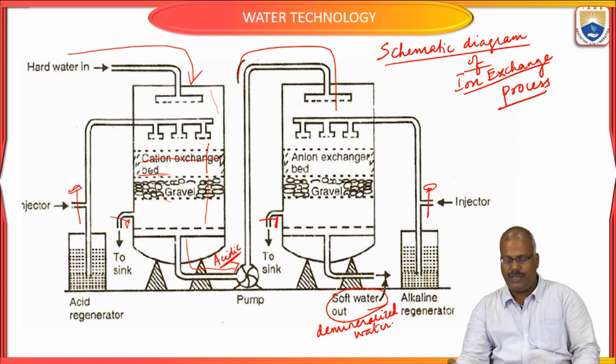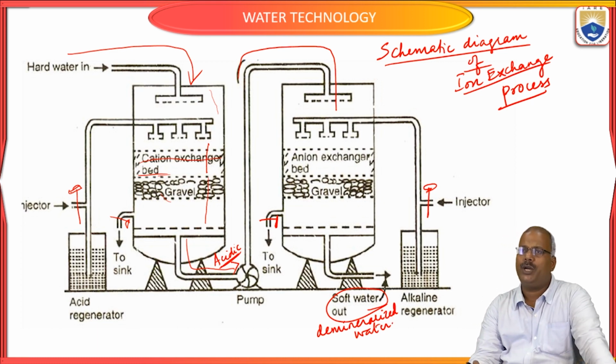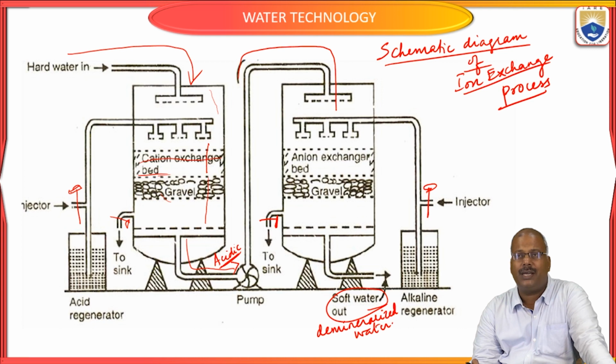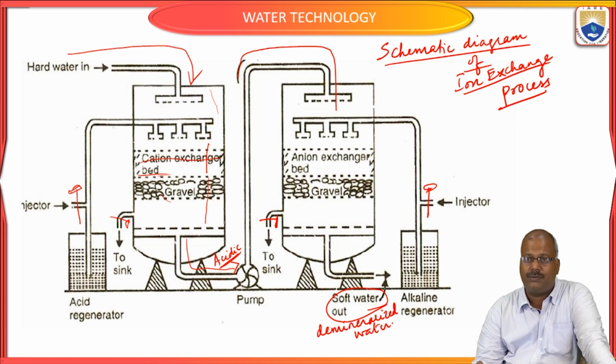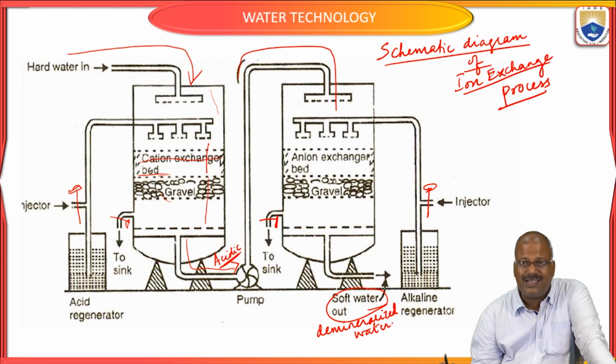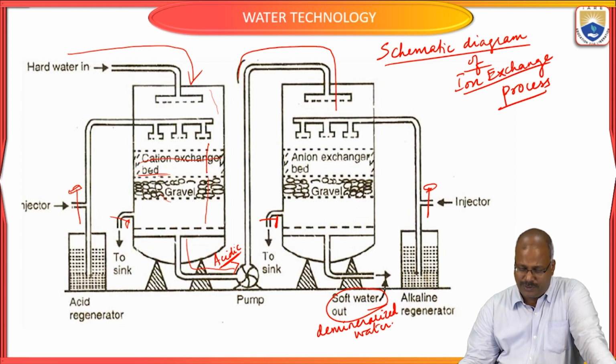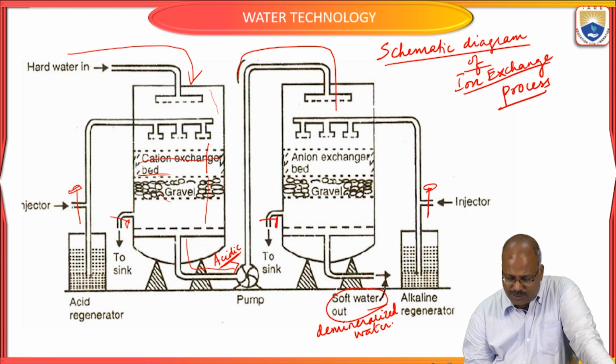Water obtained from the ion exchange process is also soft water, but not all soft water is deionized or demineralized water. So this is not only soft water, but in addition demineralized or deionized water.